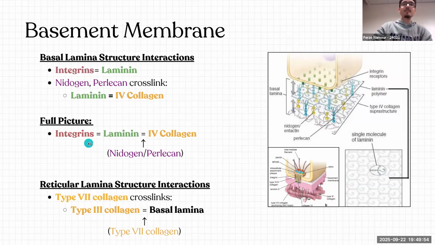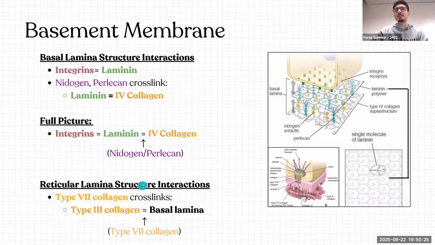All right, my integrin now is bound to laminin. This is my first layer. Underneath that, I'm going to have another layer, my type 4 collagen, and that layer is bound to laminin through nidogen and perlecan. All of these proteins you should understand, know, and memorize their names. Tamam? The main thing you should associate with the basal lamina is type 4 collagen. Tamam. That was the basal lamina.